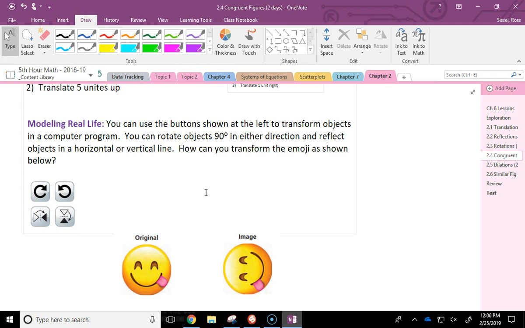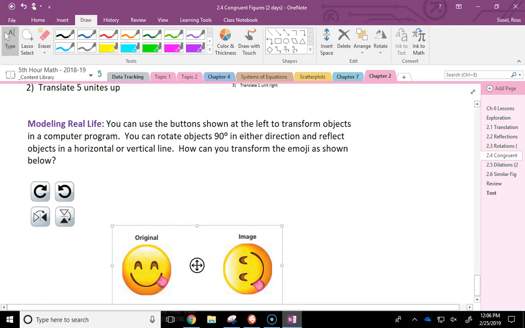If I rotate it, pay close attention because if I took this image and I rotated it counterclockwise like you said, the tongue would be up here. Well, if I turn it clockwise though, then the mouth is going to be on the left side. That's what I'm saying. Yeah, you just turn the smile around.